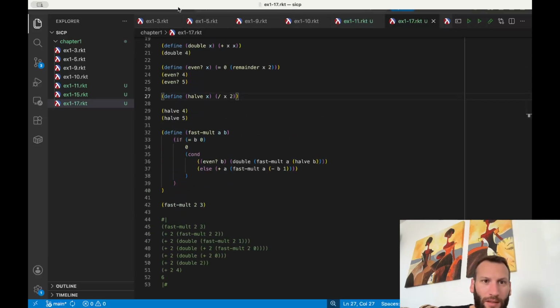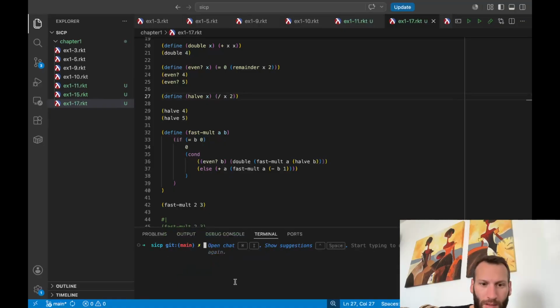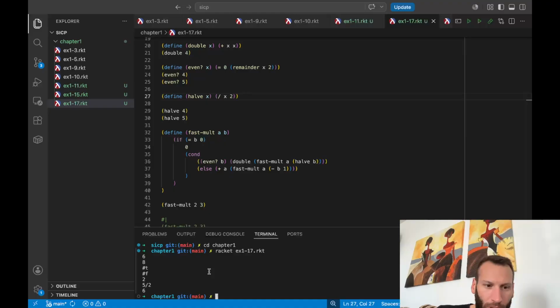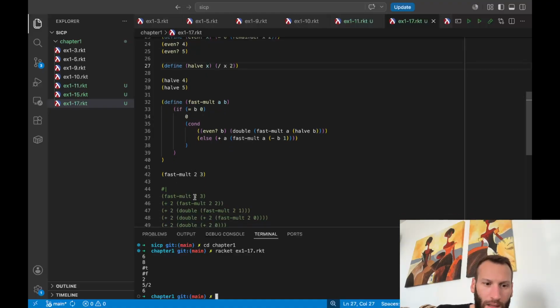Let's see, terminal. Chapter 1, exercise 1.17. Yes, looks like it works.